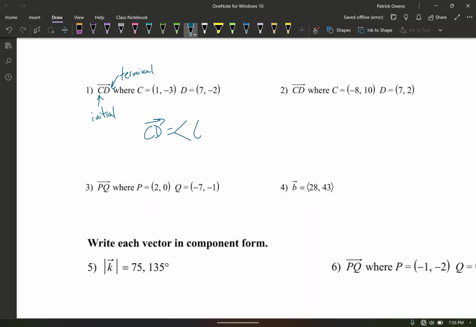It's going to be 6, and we can always calculate it as our terminal minus our initial. So 7 minus 1 is equal to 6, and then -2 minus -3. I like writing these out because dealing with negatives, sometimes it helps to have the paper help you out with this. So it'll end up being -2 plus 3, which will be 1. So we can write that vector CD as 6, 1.